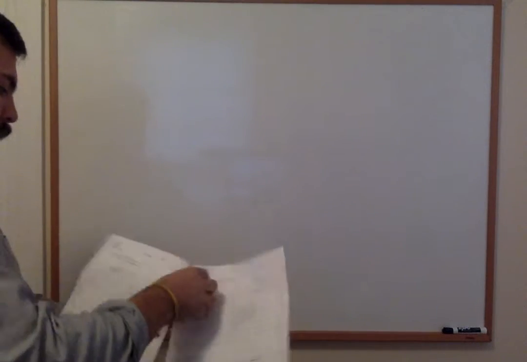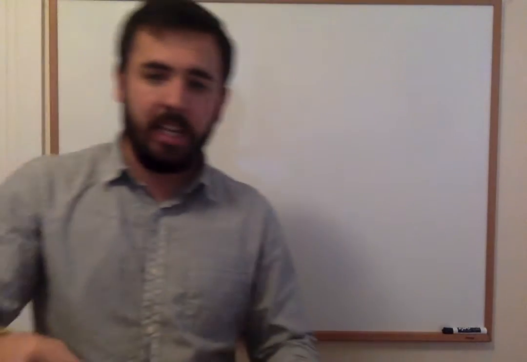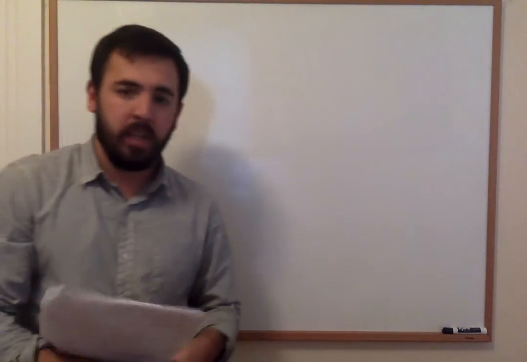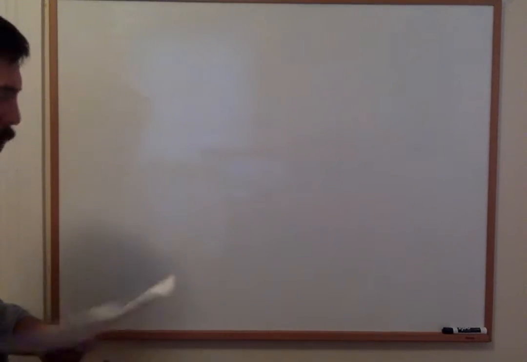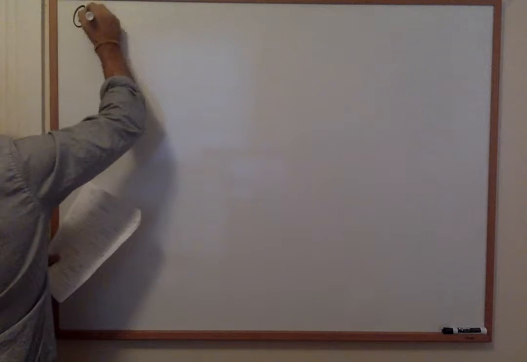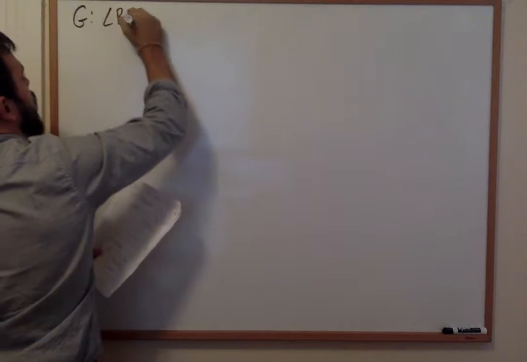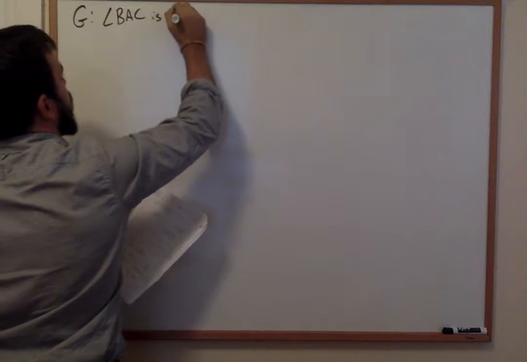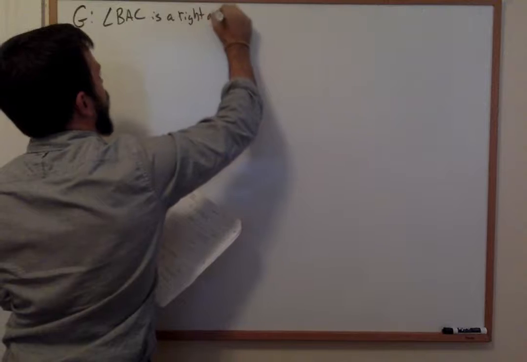Next one, number three. All right, make sure you're checking the interactive calendar because there were some slight errors on this one. Not big ones, but they definitely are going to throw a wrench in things if you weren't paying attention. So, we're given that angle BAC is a right angle.